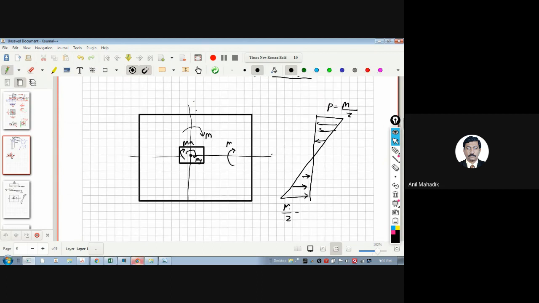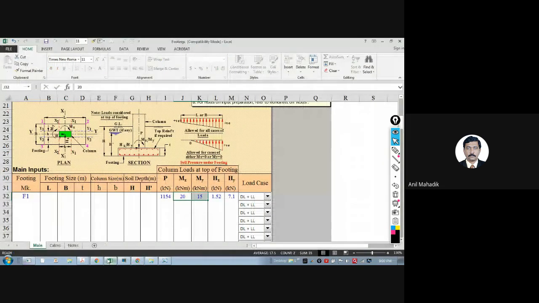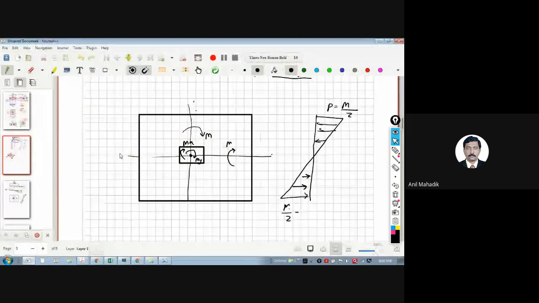So our horizontal axis in Excel is Y and vertical is X. Okay, so this is my Y. This is my X. Now this will be my MX.